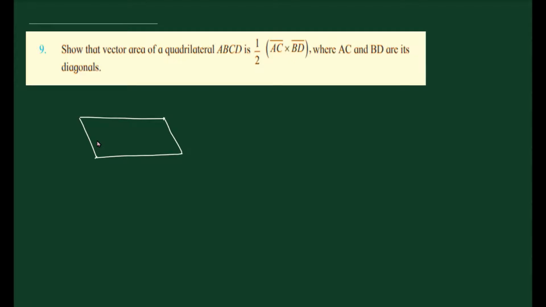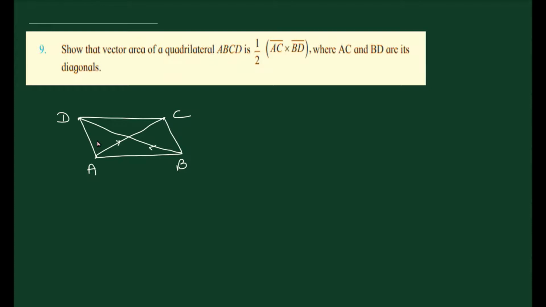And in this parallelogram, AC and BD are the diagonals of the parallelogram.